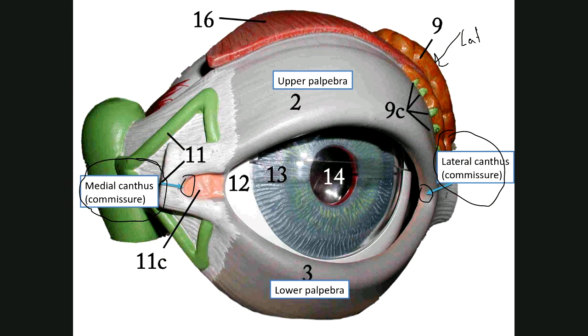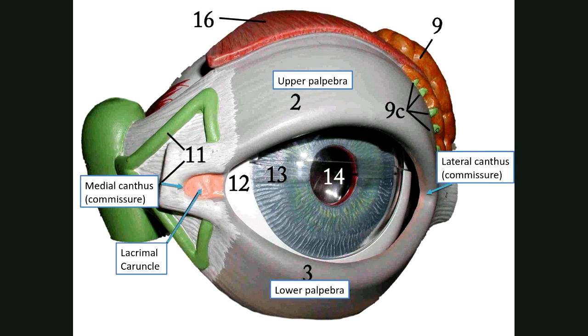If you look at the medial commissure, you're going to see a red spot. If you look in the corner of your own eye, look in the mirror, you're going to see this red spot. That is called the lacrimal caruncle. And what you find here are glands that are very similar to sebaceous glands.